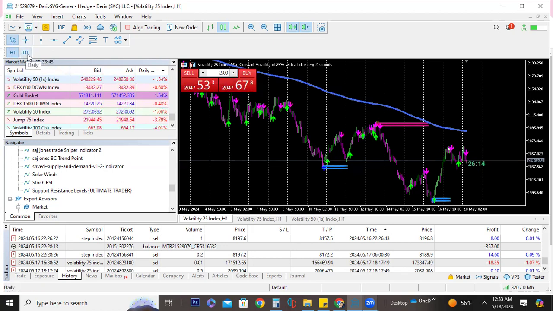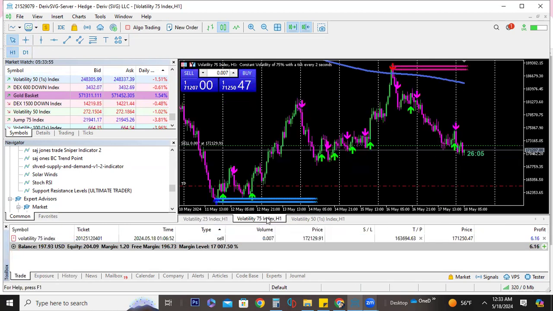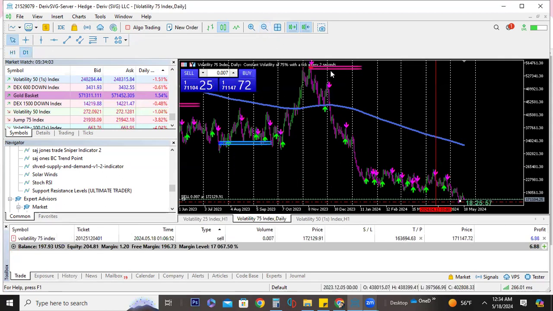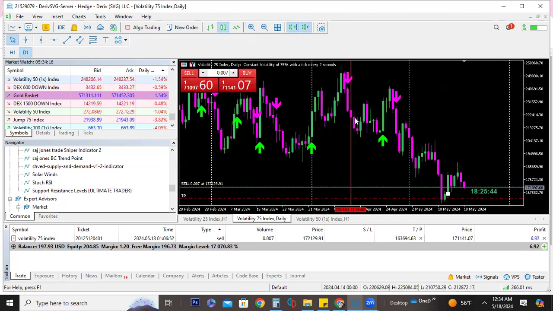So right now we're in a trade on volatility 75. I hop up to the daily time frame on volatility 75. As you can see, the daily time frame has been in a downtrend for a long time, right? Each one of these candles is a day.